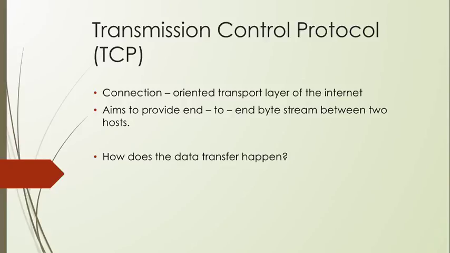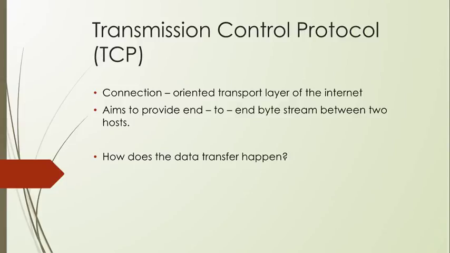There should be a telephone wire connecting to the other end so that your call would get through to the destination or designated phone you're calling. So it aims to provide an end-to-end byte stream between two hosts.